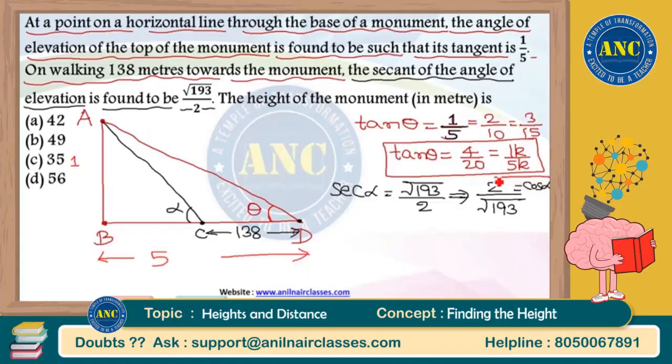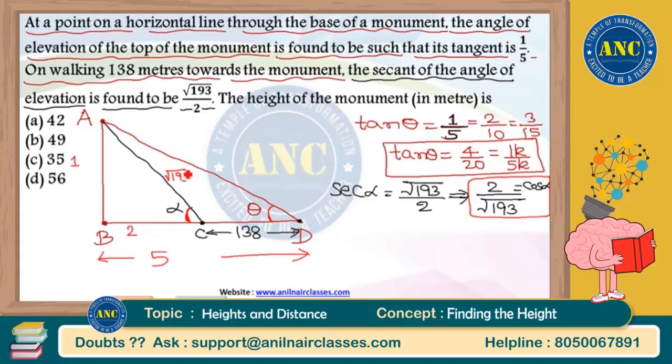Similarly, cos alpha is adjacent by hypotenuse. For this alpha, the adjacent side is 2 units and the hypotenuse is root 193 units.